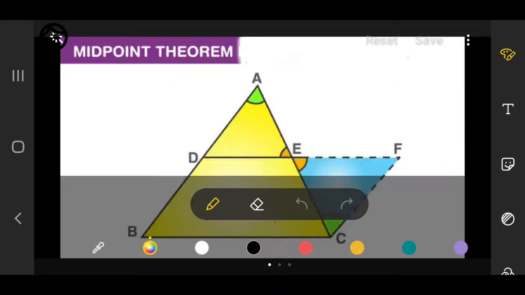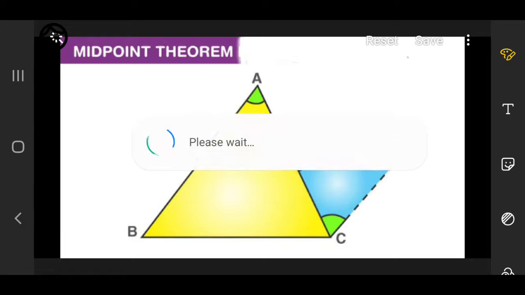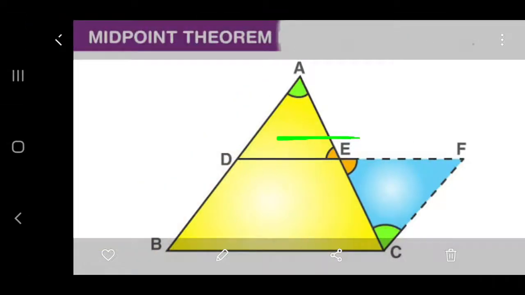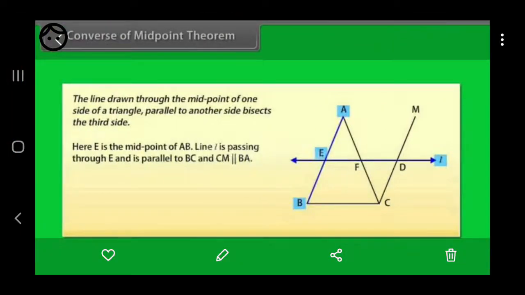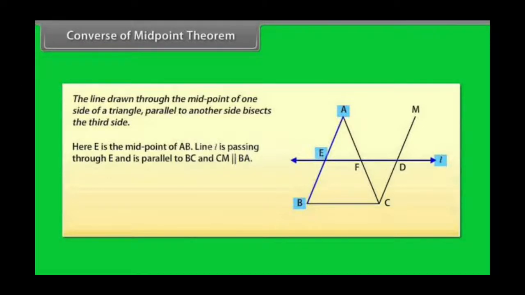Next, the converse of this theorem. The midpoint theorem says the line segment joining the midpoints of two sides is parallel to the third side. Its converse is: the line drawn through the midpoint of one side of a triangle, parallel to another side, bisects the third side.